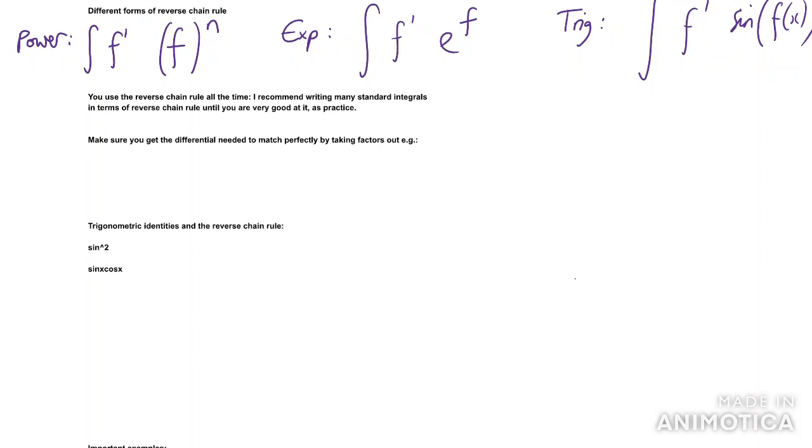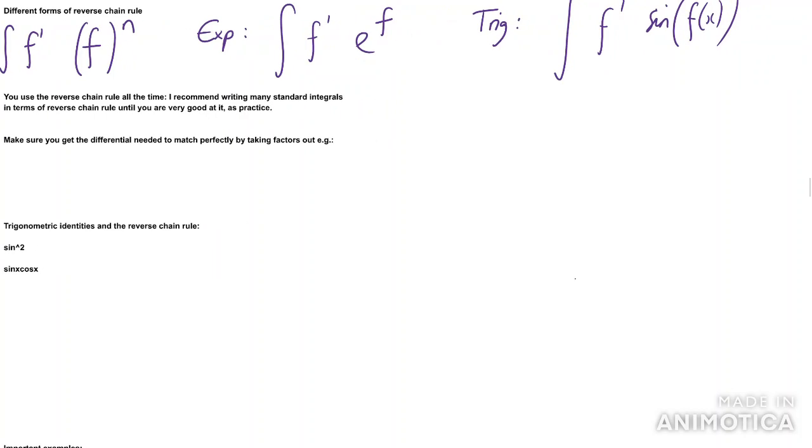So this is the method I would recommend you write all integrals in terms of before moving on and trying other methods. So let's say we have an integral like this.